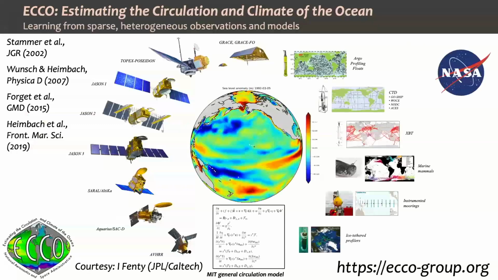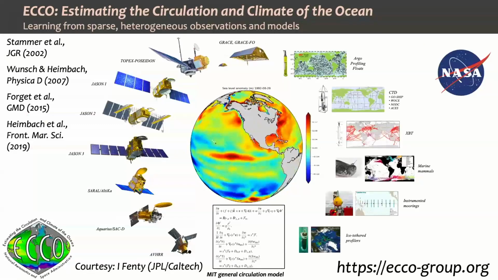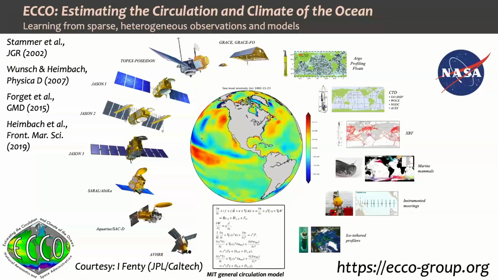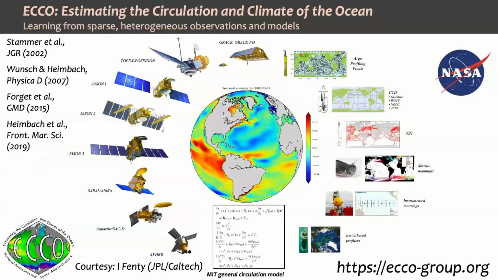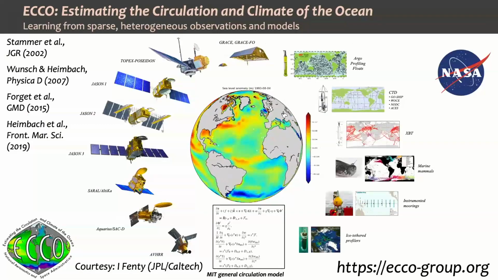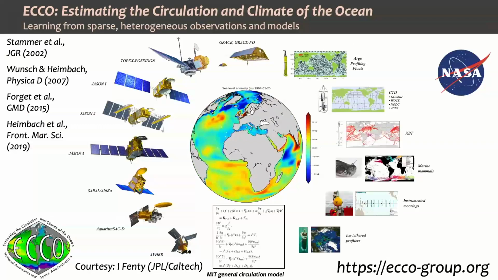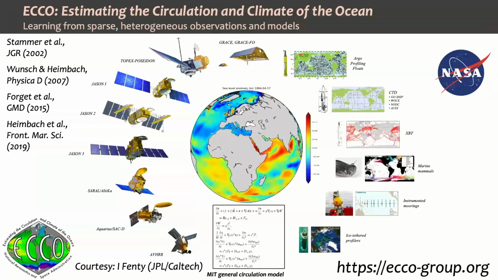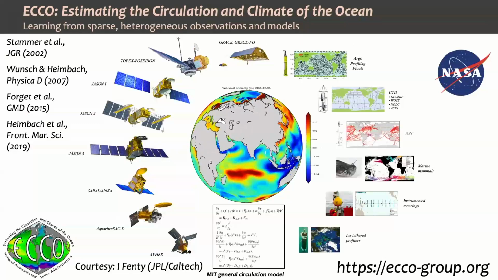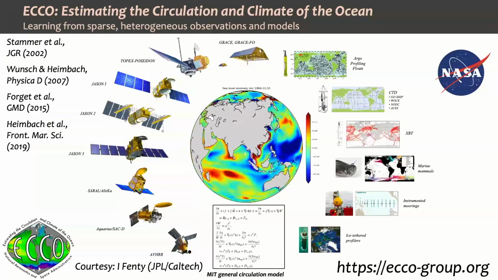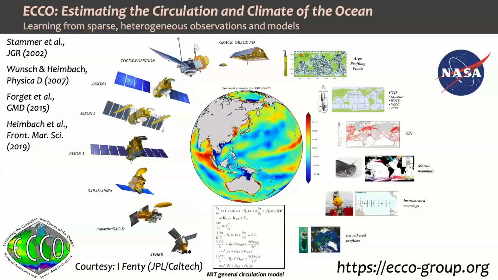That's just one example of a global ocean data assimilation project that has been trying to use the combination of all of these observations from different types of satellites, measuring different properties of the ocean, and then what we call in situ measurements. Most prominently today, there are the Argo profiling programs, around 4,000 of these profilers in the global ocean, measuring the top 2 kilometers of the water column, each profiling once every 10 days.